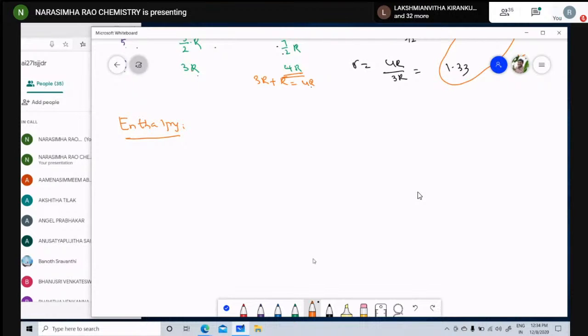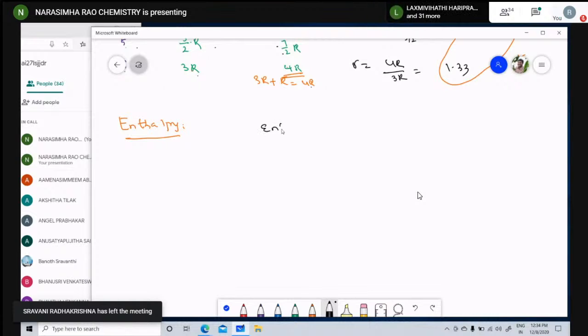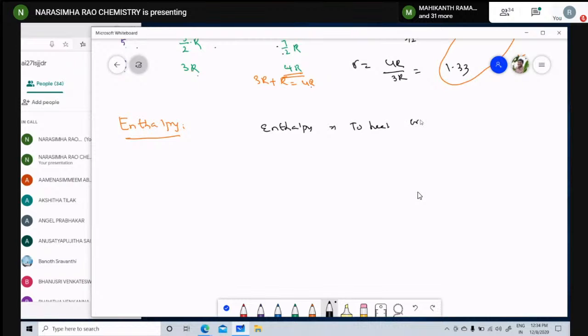Now, why are we introducing the term? This is enthalpy. Enthalpy means to warm or to heat. It's clear, children. Now, what is the meaning of to heat? Enthalpy.